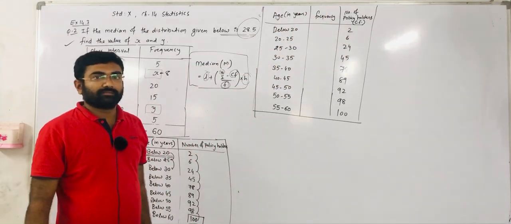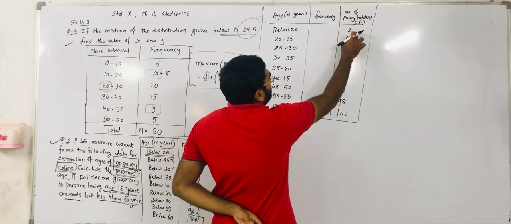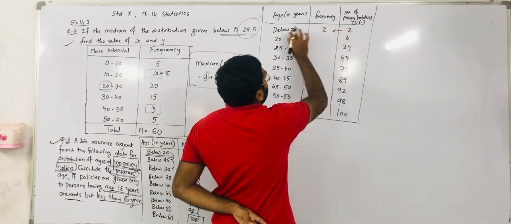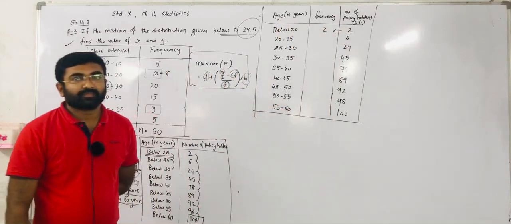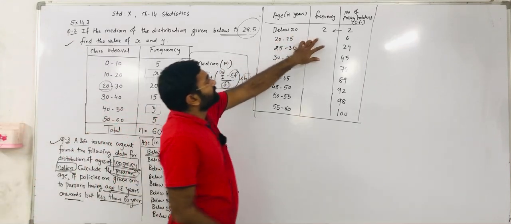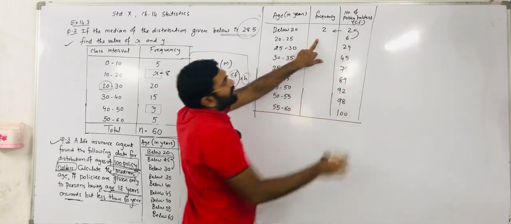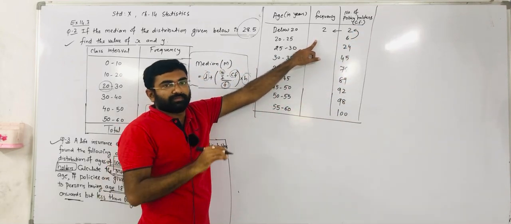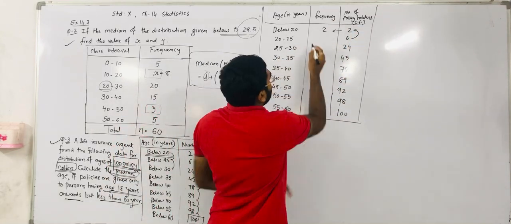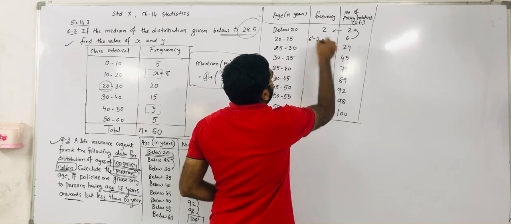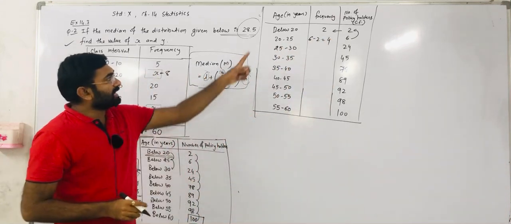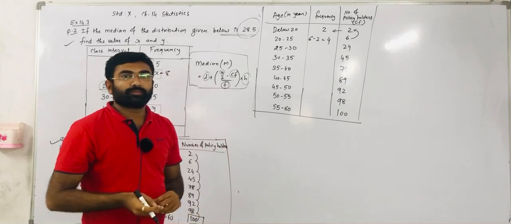So how can we write it? See, whatever the cumulative frequency is, as it is the first class frequency, you have to write 2. Now, for the second class frequency, what do you have to do? You have to subtract the preceding class cumulative frequency from that class cumulative frequency. So 6 minus 2, you have to take the difference. So what do we get? 4. So that class frequency is 4.